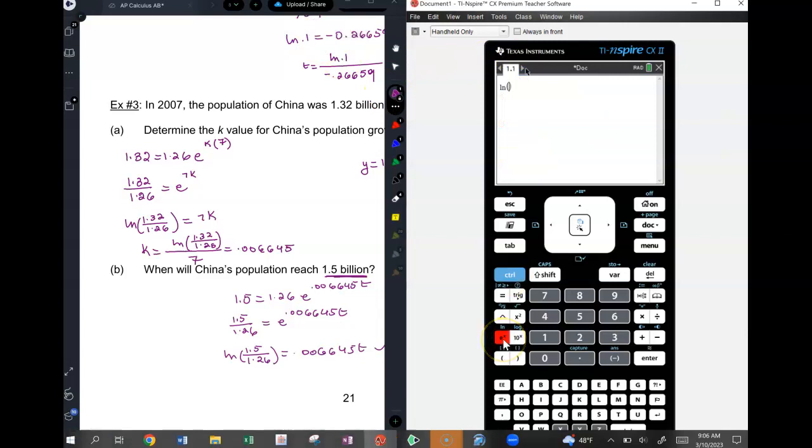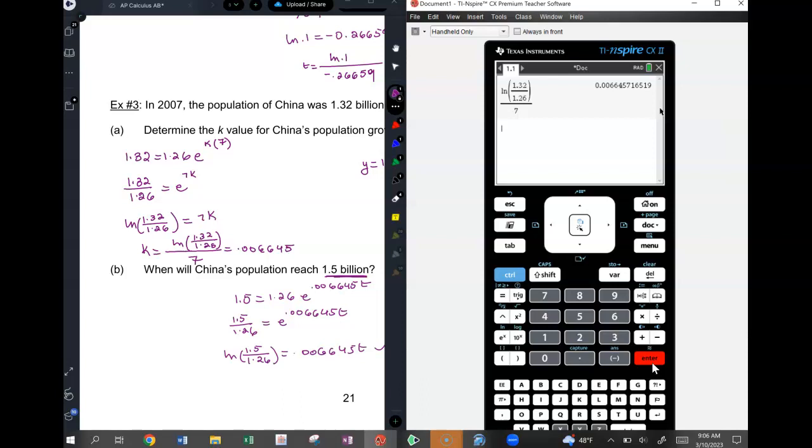It was ln of 1.32 over 1.26 divided by 7, right? Okay, there we go. And then we wrote down that it's 0.006645, and so on, okay?